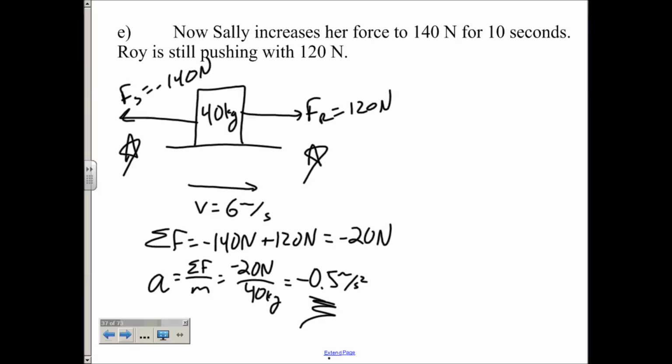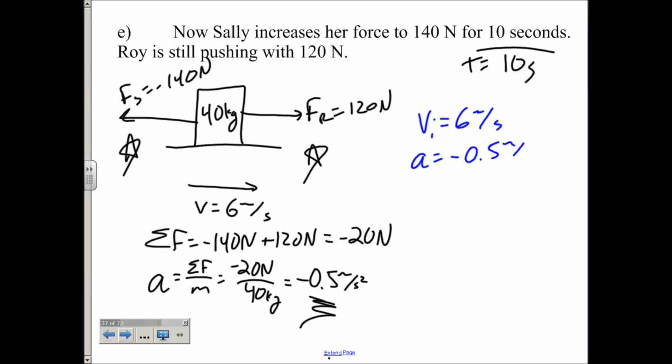Okay? So let's figure out what the velocity is at the end of our 10 seconds, right? So let's write down what we know. We know that the initial velocity was 6 meters a second, because that's where we left it in the last example. We know the acceleration is negative 0.5 meters a second squared. We know the time is 10 seconds, and we're looking for the final velocity, right?